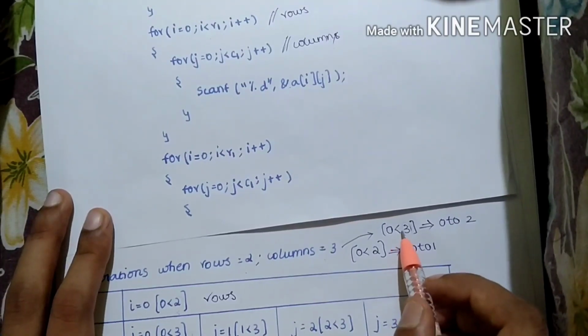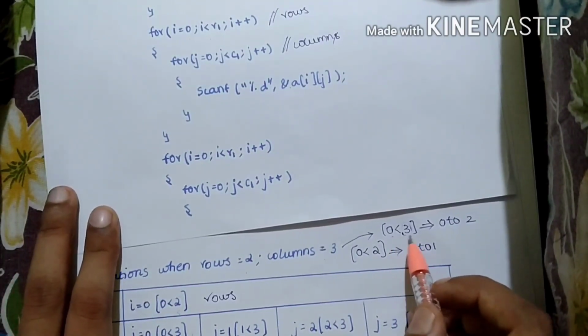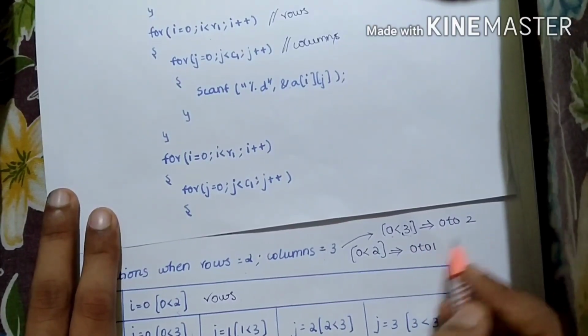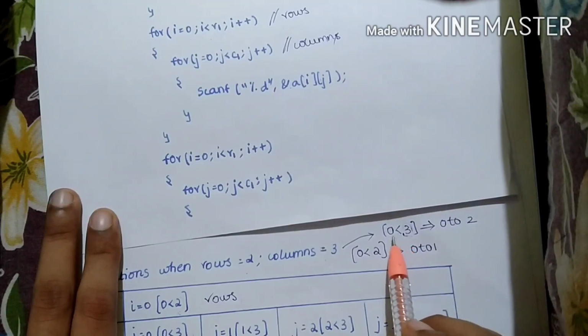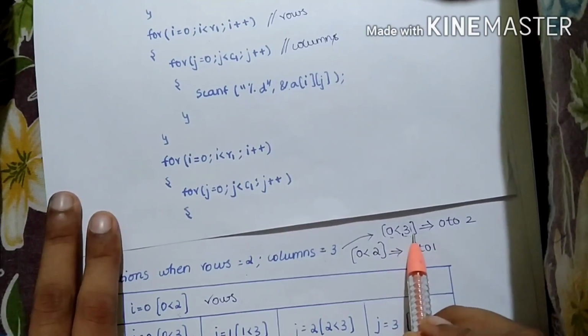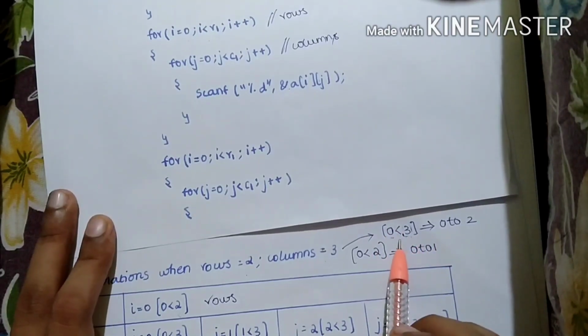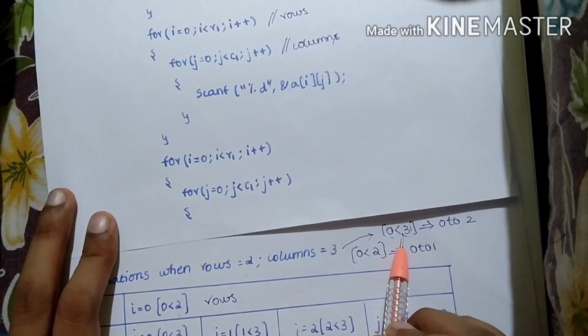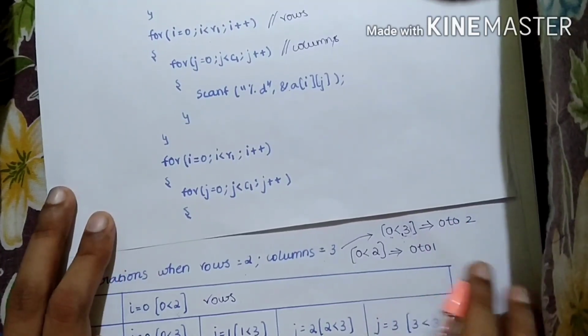If I give equal to 3 here, then this loop iterates from 0 to 3, it includes 3 here. But I have given less than 3. If the j value is 3, it is not less than 3, it is equal to 3, so this condition becomes false. So the loop iterates from 0 to 2.